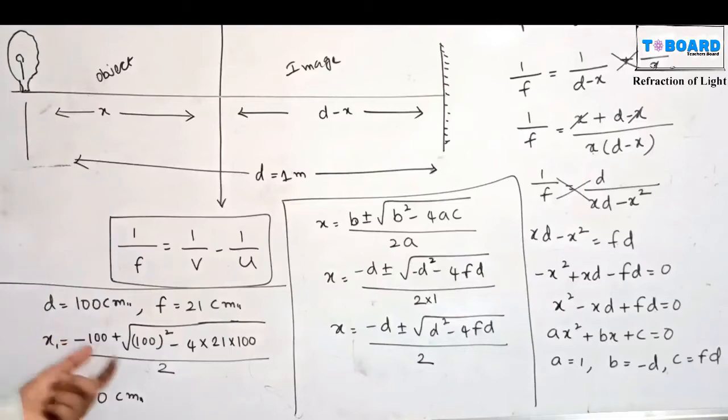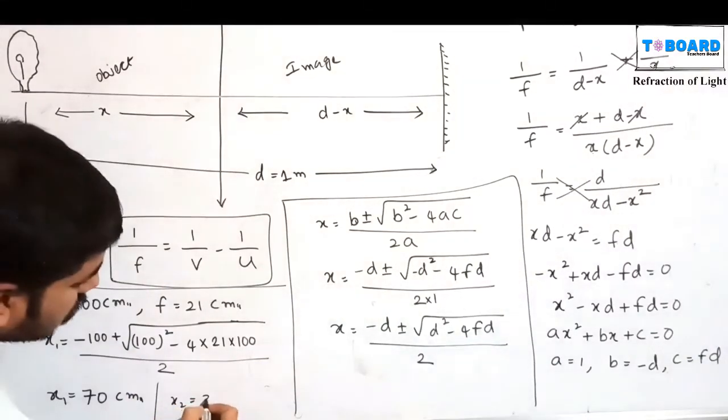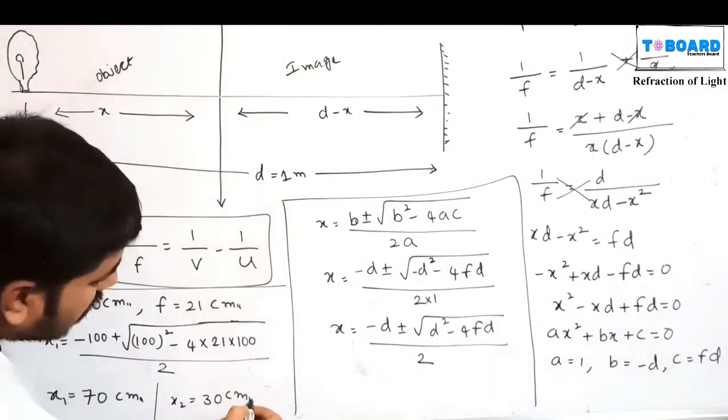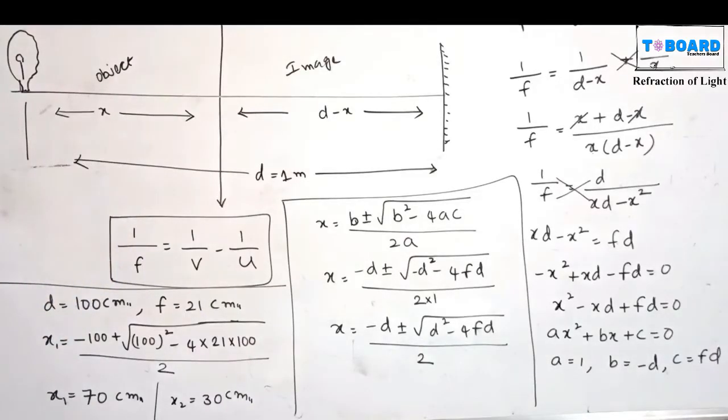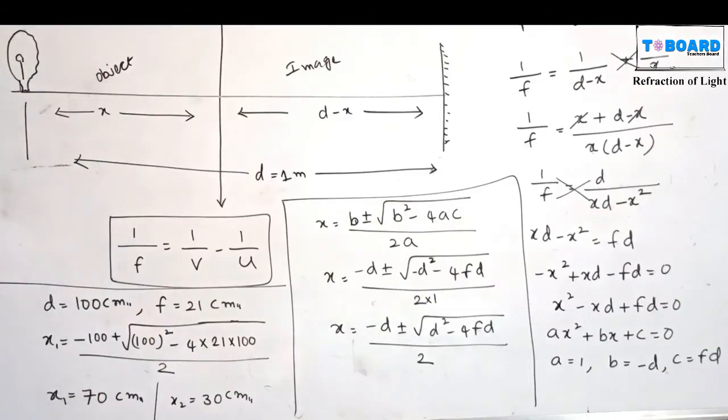If I take minus instead of plus, it is x2 is equal to 30 centimeters. So plus means 70, and minus means you will get 30 centimeters. You can calculate it. Okay, so that is the value.